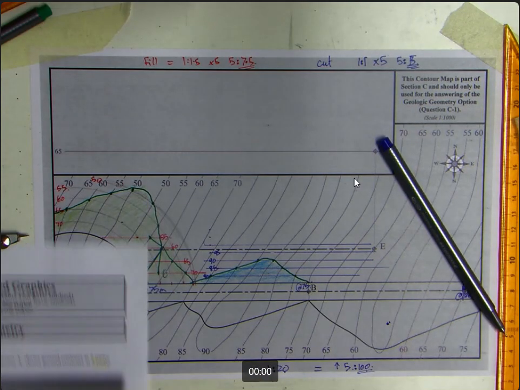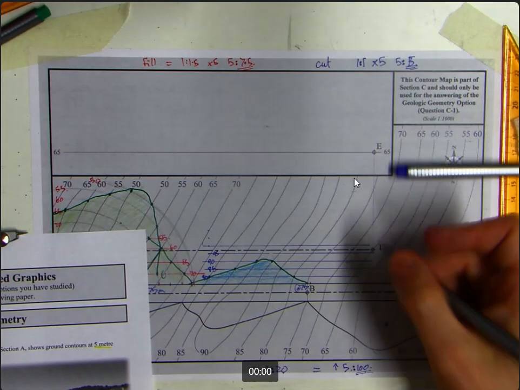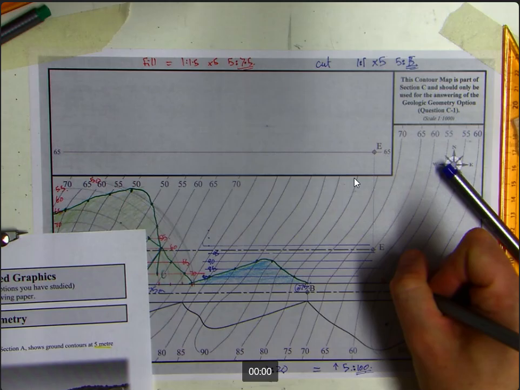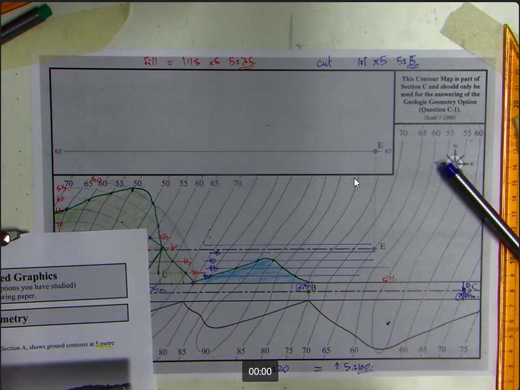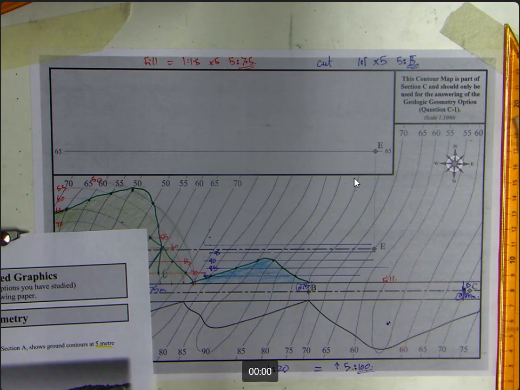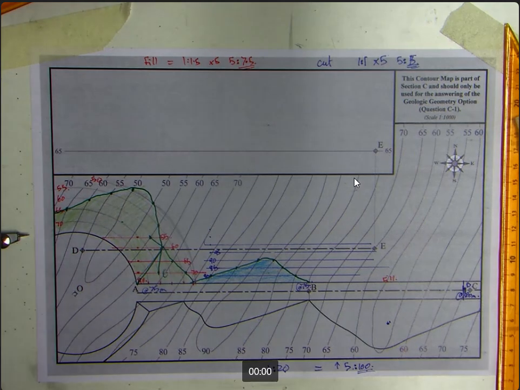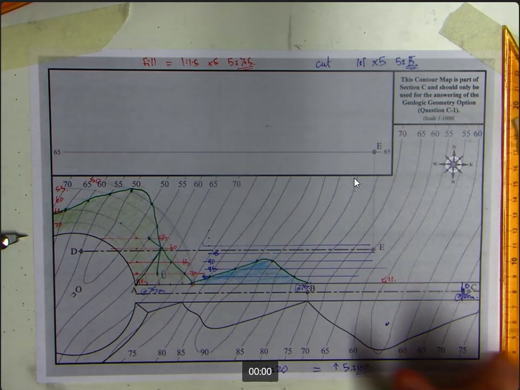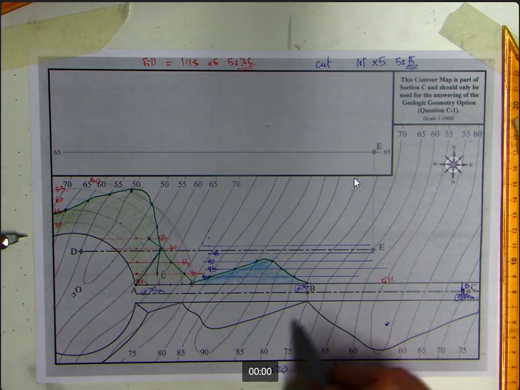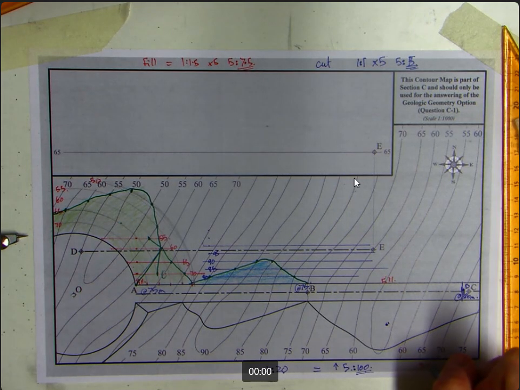So if we take our red pen and do our fill activity, it means we need a fill cone, and the fill cone occurs at the hill. So fill at the hill, cut at the butt. So our fill cone is going to be at the hill point over here. Now we need to work out the radius. The height difference between the two locations B and D is 5 meters.